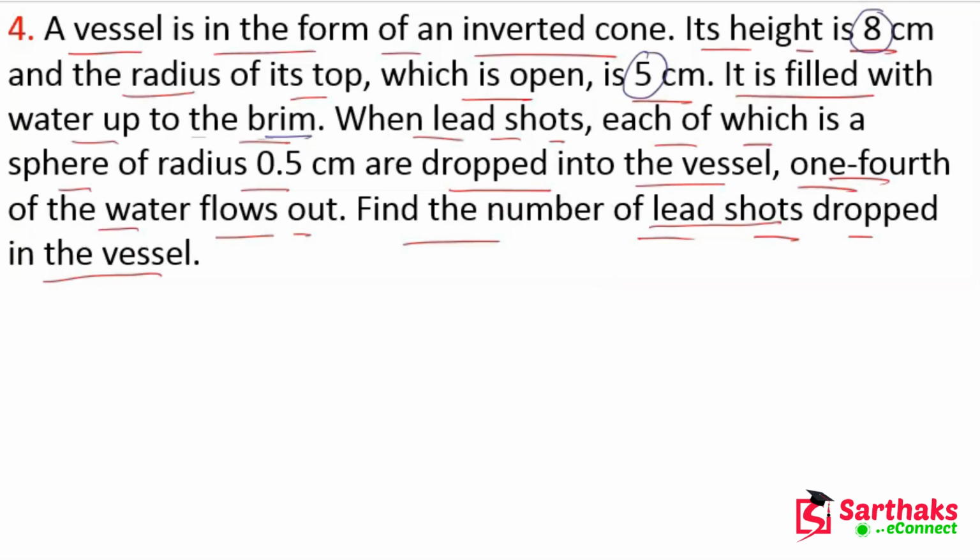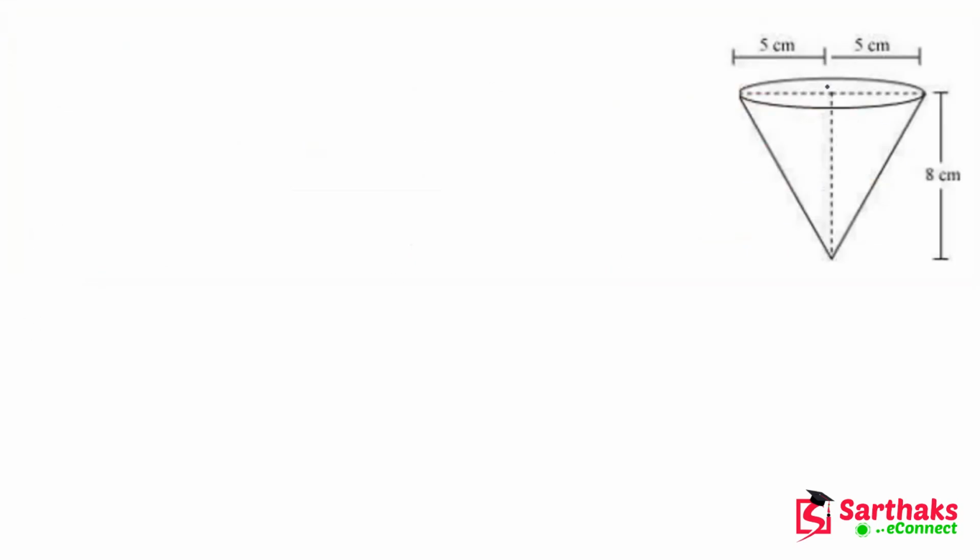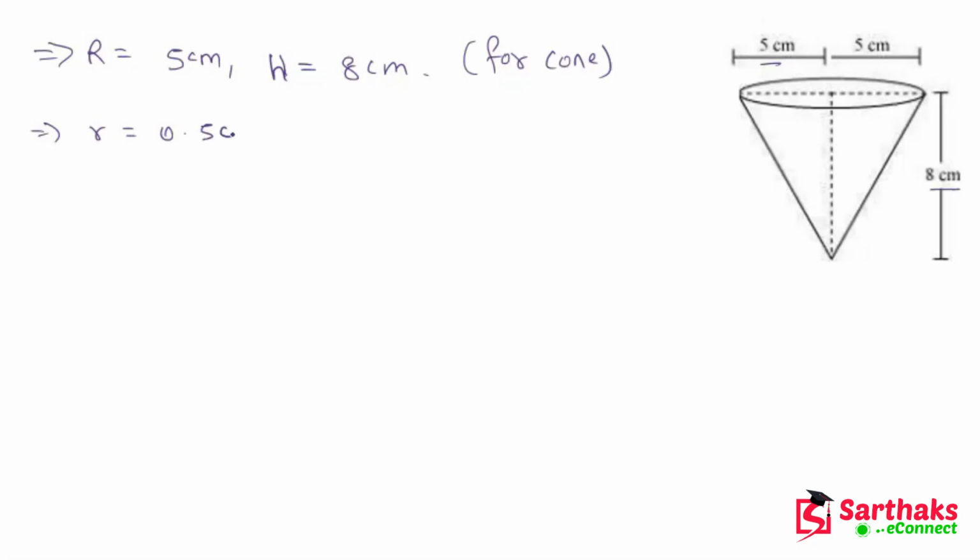Now we have a figure like this. We have an inverted cone like this, and the height is 8 centimeter and the radius is 5 centimeter. So for the cone we have radius 5 centimeter and height 8 centimeter, and for the sphere the radius is 0.5 centimeter.